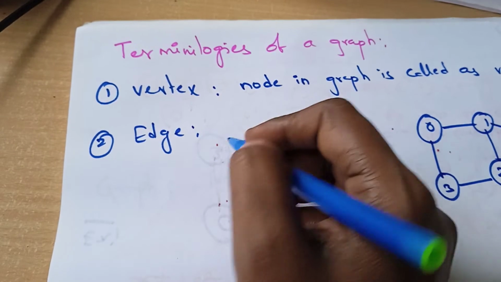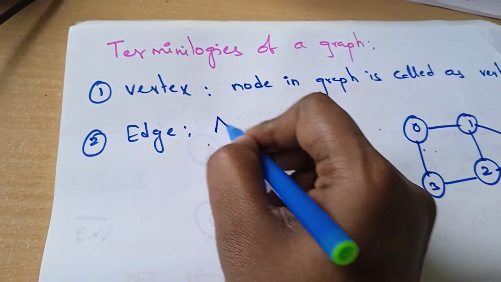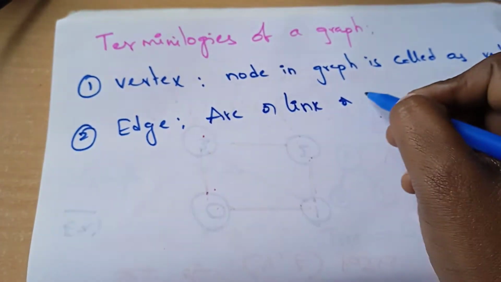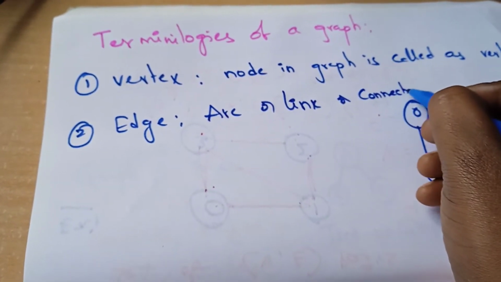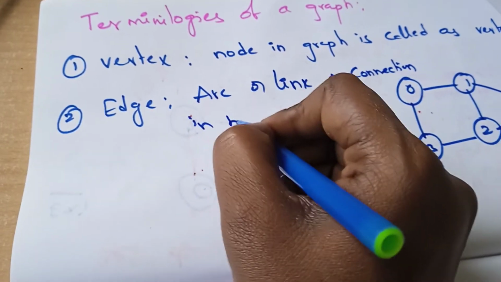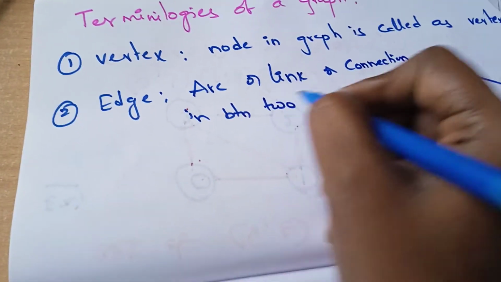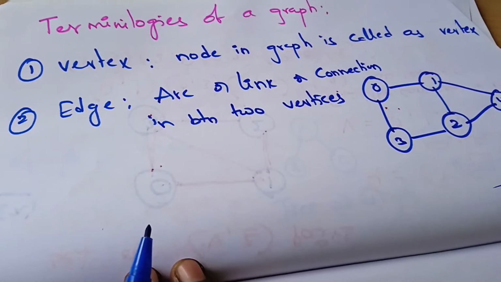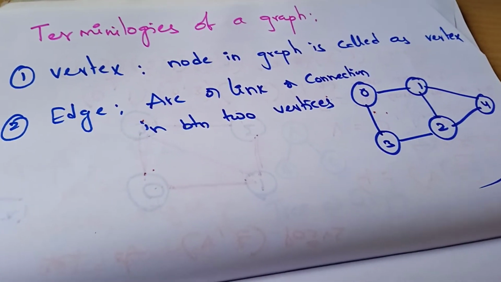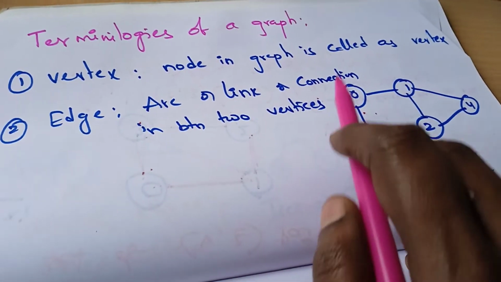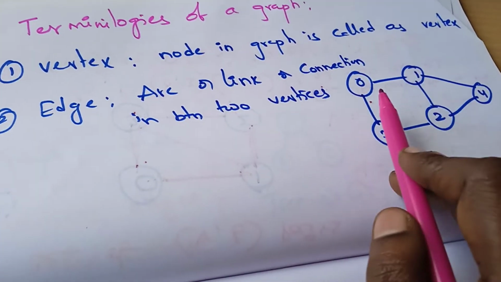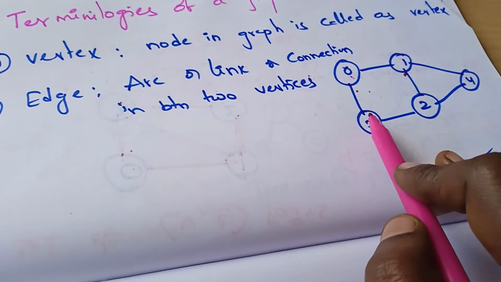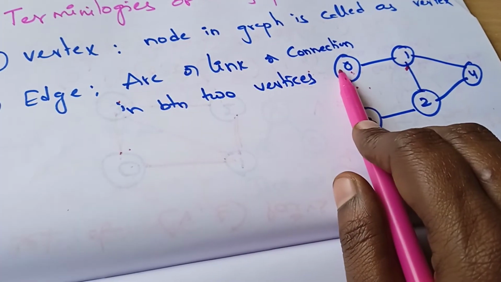Now what is an edge? An edge is the arc or link or connection between two vertices. We just saw the same: 0 comma 1 is an edge, and 0 comma 3 is one more edge of vertex 0.